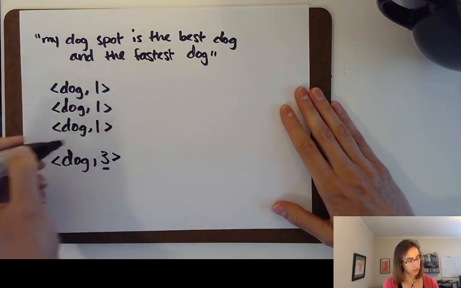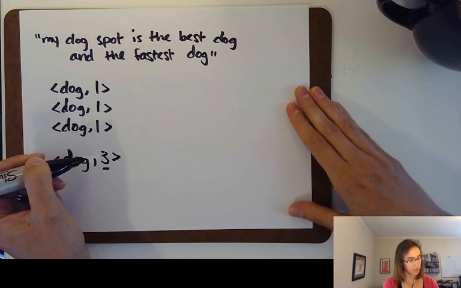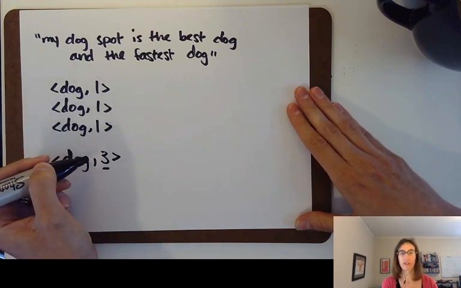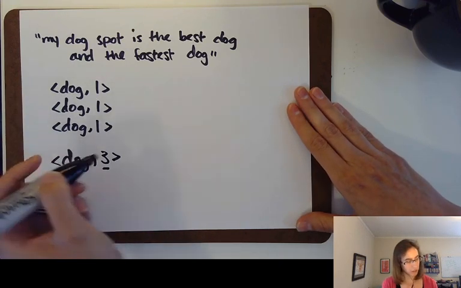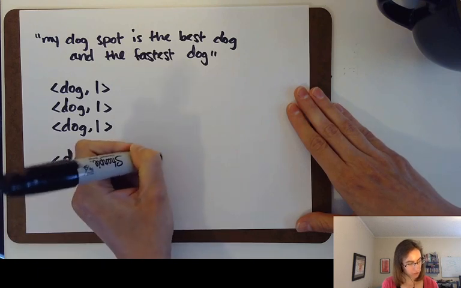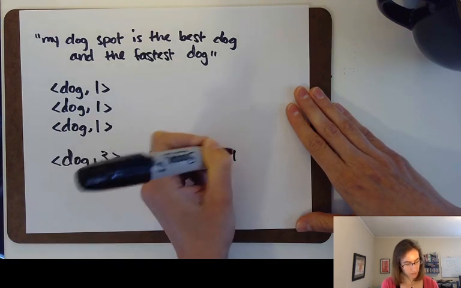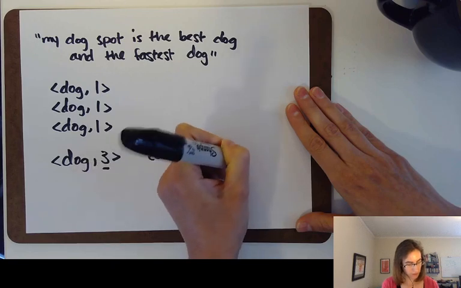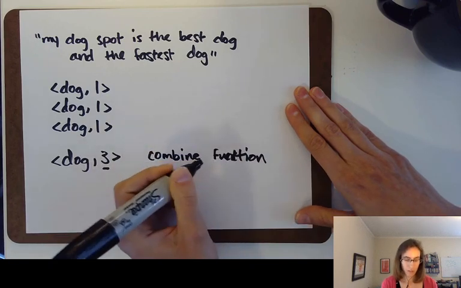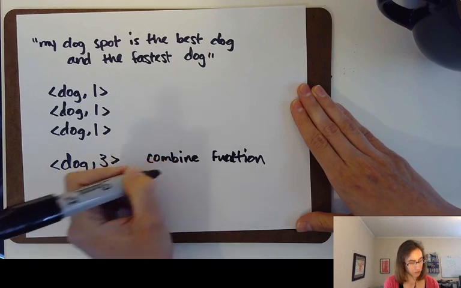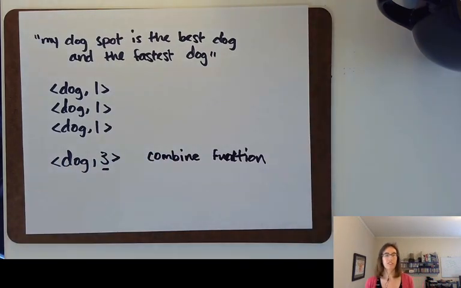Doing as much combination of the intermediate key value pairs locally on the map worker is called using a combine function. And a combine function is actually just the same as a reduce function, except that it runs on the map worker, and it's a way of doing some work in advance.